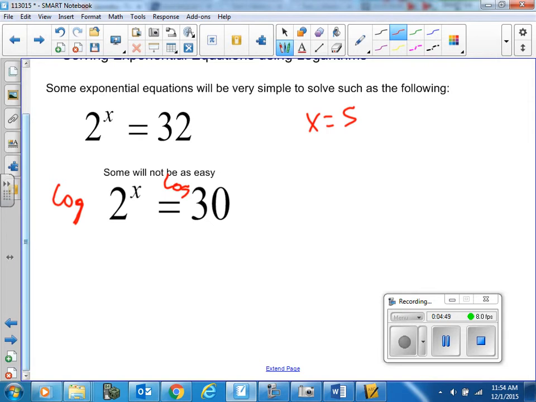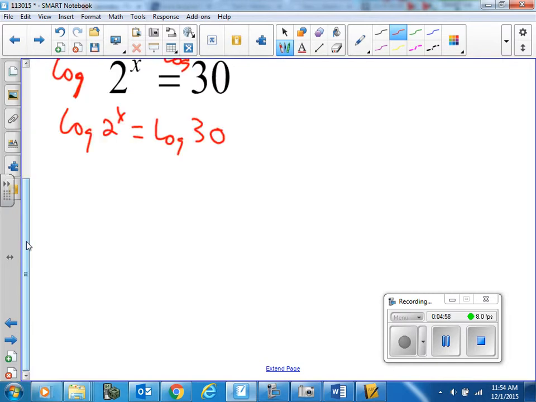All right, so we can do log base 10 of 2 to the x equals log base 10 of 30. Now, next thing we can do, we can take this x, move it down here. Now we have x times the log base 10 of 2 equals log base 10 of 30. Anybody know what we would do next?